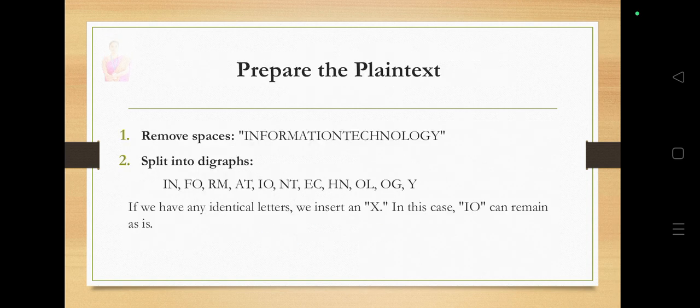Now we have to make the plain text ready for encryption. For that, first remove the space between information and technology. You just join them together. Now split into two letters, that is, make pairs of letters, so that at last Y is left alone. Is it clear?